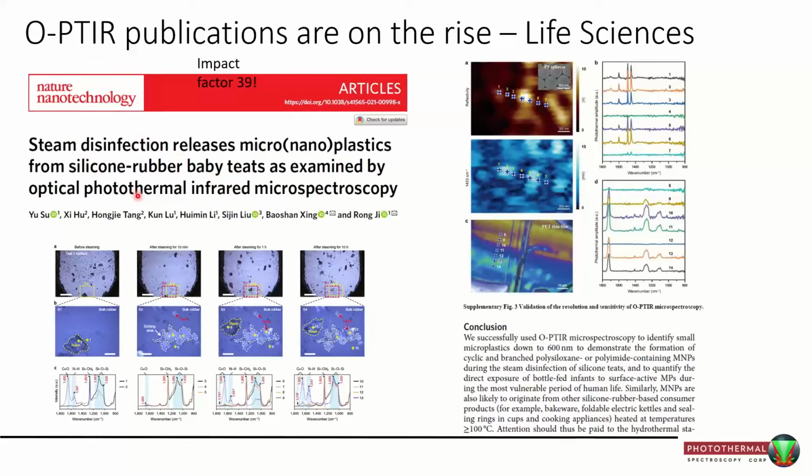This really caught these researchers by surprise, because these materials are chosen because they're thought to be resilient to this cycle of steam sterilization. Turns out they're not. The silicone nipples and teats become etched.